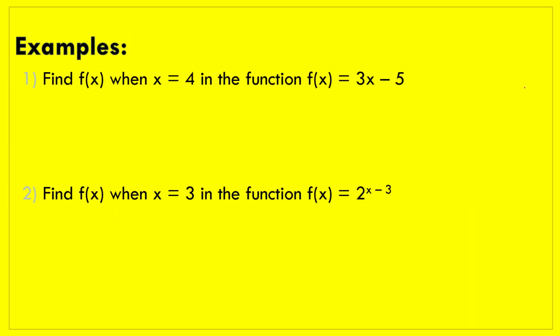Let's try that again. Find f of x when x is equal to 4. So we want an f of 4 because we're plugging a 4 in for every x. And that was our first, f of x is equal to 3 times 4 minus 5. Well, 3 times 4 is 12 minus 5. 12 minus 5 is 7.